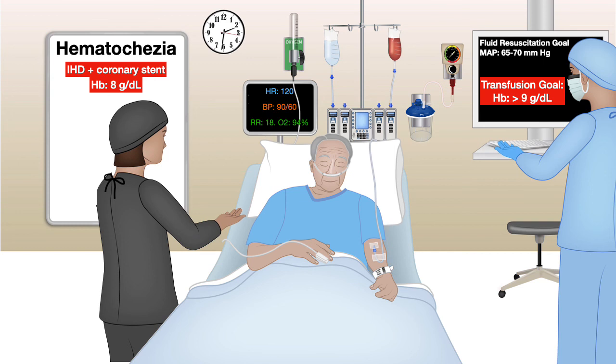On the other hand, if the patient is healthy with no comorbid conditions and hemodynamically stable, minimal drop in hemoglobin, in those patients, you could set your goal at 7 grams or above. Especially if it drops below 7 grams, consider transfusion.